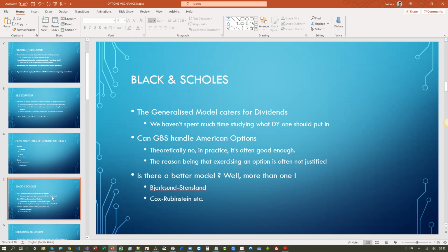So basically the binomial model or trinomial model, not using a closed form equation, but more a form of finding out the right prices through a number of iterations. In practice, the Cox-Ross-Rubinstein, or let's call it binomial, is a better model than Bjerksund-Stensland, but Bjerksund-Stensland is like Black and Scholes, a closed equation.